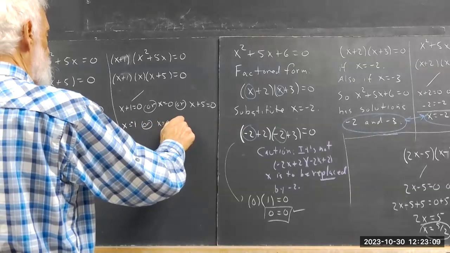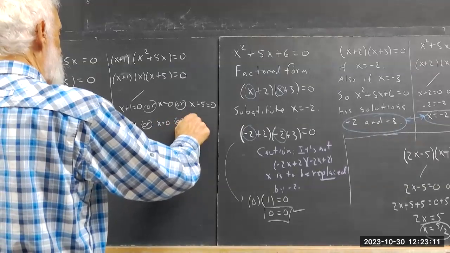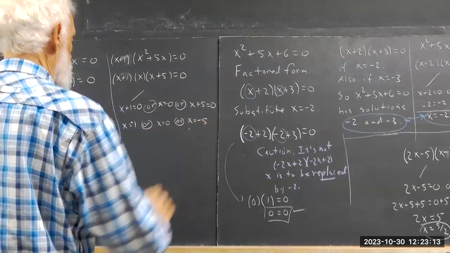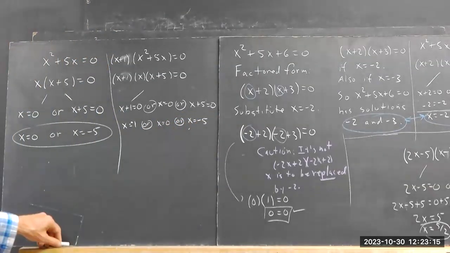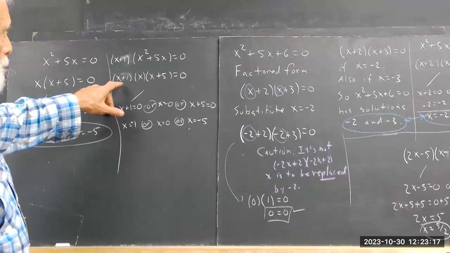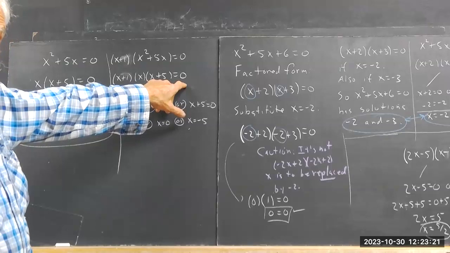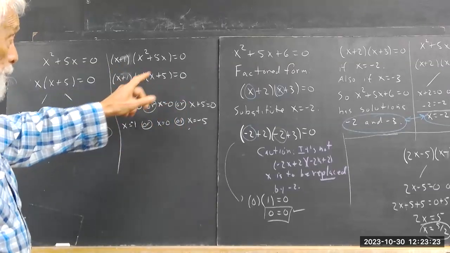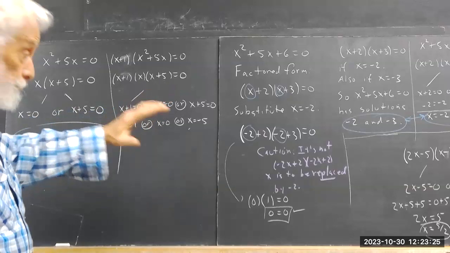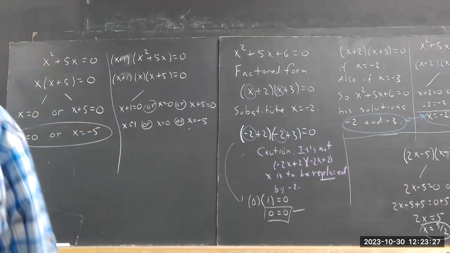Or x equals 0. Or x equals -5. As long as all these things are multiplied together and equal to 0, we know that any one of them can give you 0. So that's the whole idea.